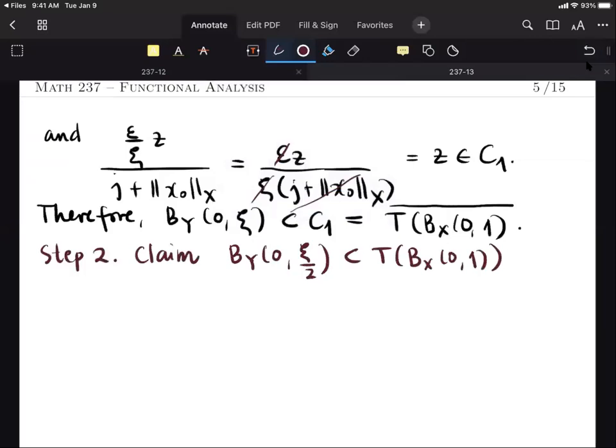So here we reduced the radius of the ball so that we are in the subset of the image of the open ball B_X(0, 1) without the closure. By scaling, take note that this implies, by multiplying by 2, or I should say this is equivalent to the following: a ball subset of T B_X(0, 2).